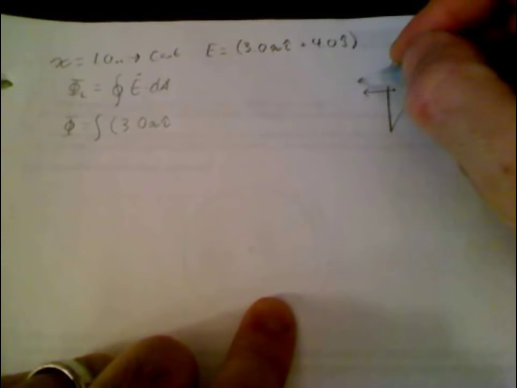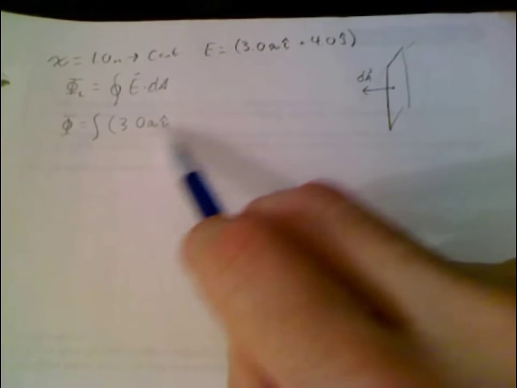This time my dA is in that direction. That's going to be important because my electric field obviously isn't changing, but what is now changing is the direction of dA.